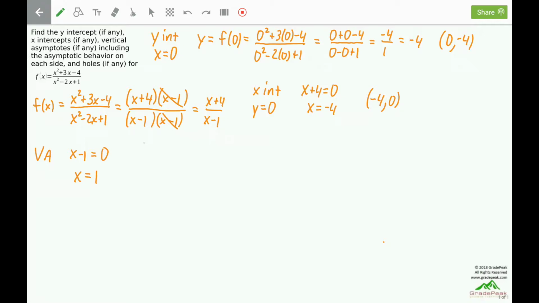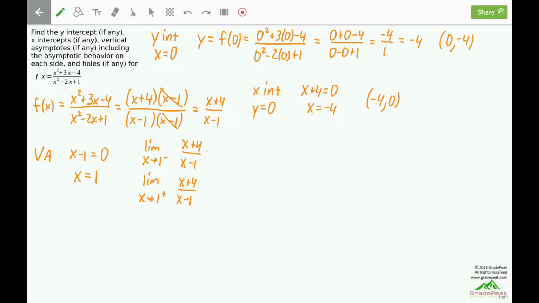We can now look at the asymptotic behavior on both sides of the 1, found by taking the left-sided limit as x approaches 1, indicated by the negative superscript on the 1, of the fully factored canceled version, x plus 4 over x minus 1, and the right-sided limit, indicated by the positive superscript on the 1, of x plus 4 over x minus 1.